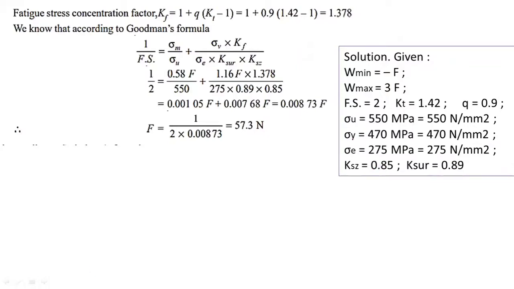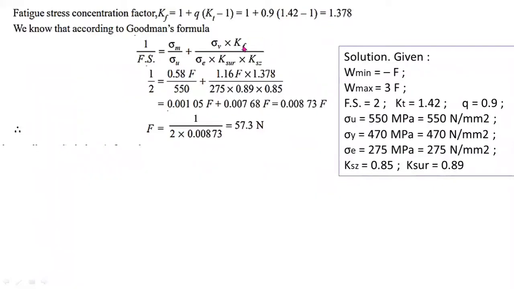But here the notch sensitivity q equal to 0.9 is given. From the notch sensitivity, you have to find out the value of Kf. Kf is the fatigue stress concentration factor.